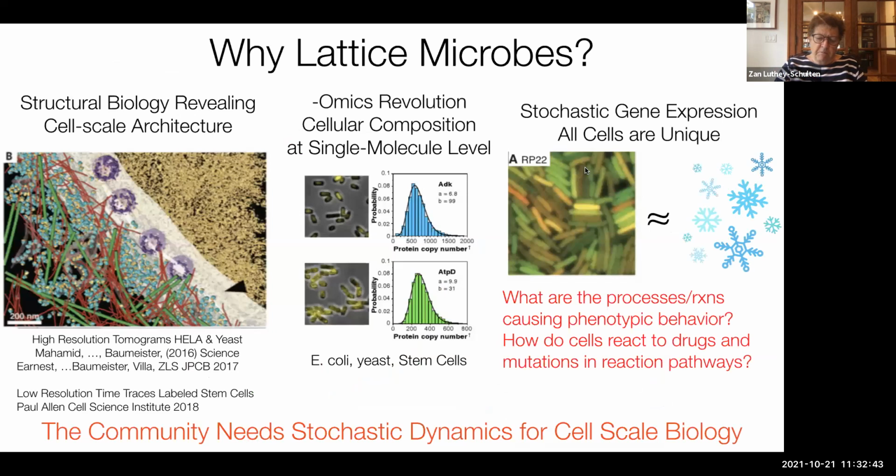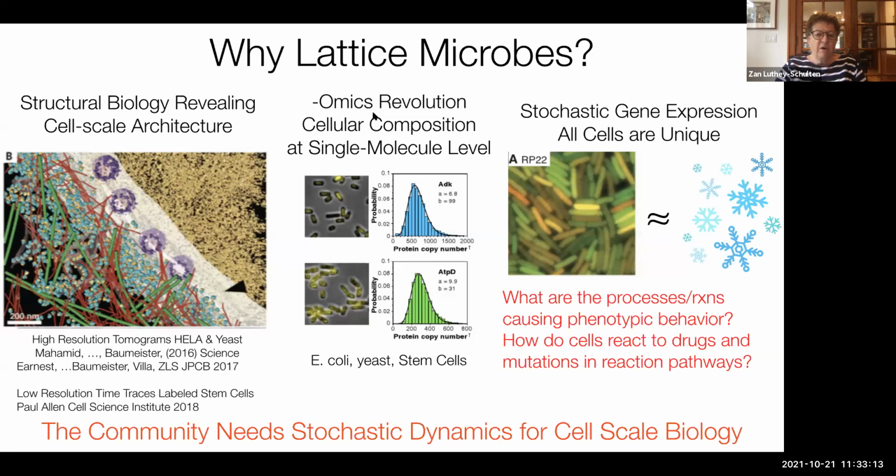So perhaps let me end the lecture by just reviewing why one needs these lattice microbes. I think structural biology, in both cryo-EM and molecular dynamics, is really revealing the structure of parts of all the different components involved in the whole cell.